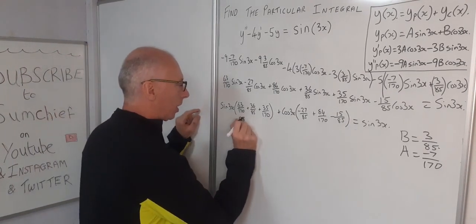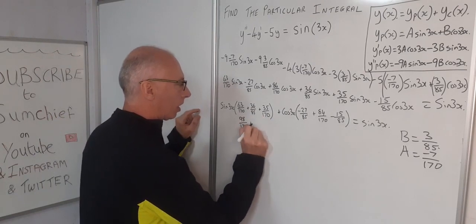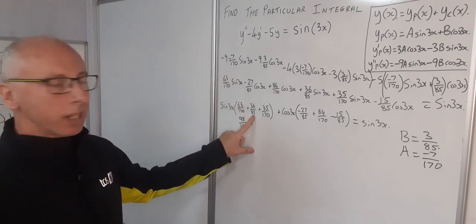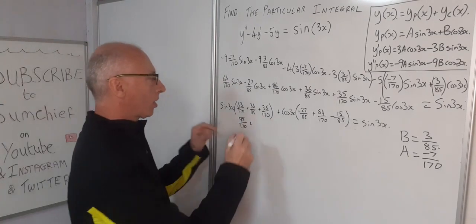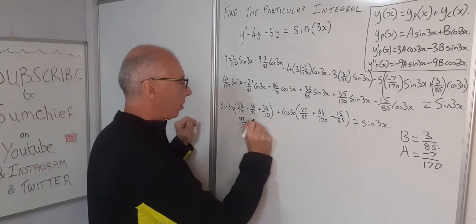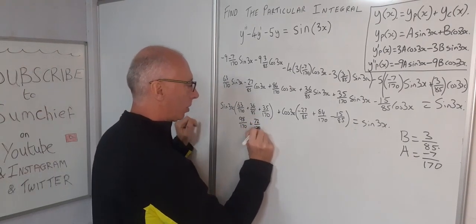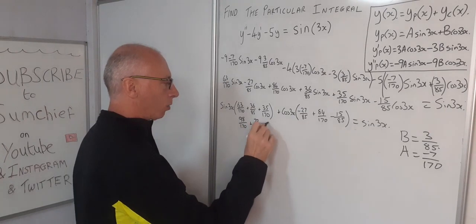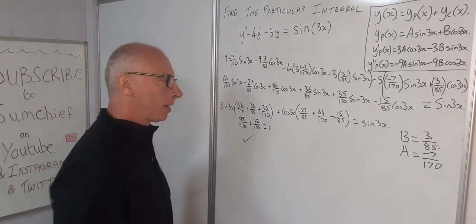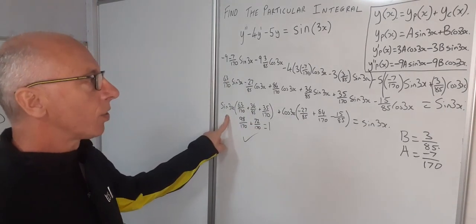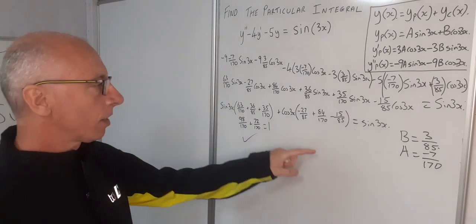That's going to give me 98 over 170. Just need to make this over 170. So 36 over 85 gives me 72 over 170. So that equals 1. So we know that this, for sine, is correct.